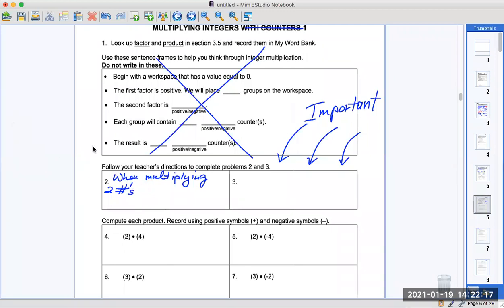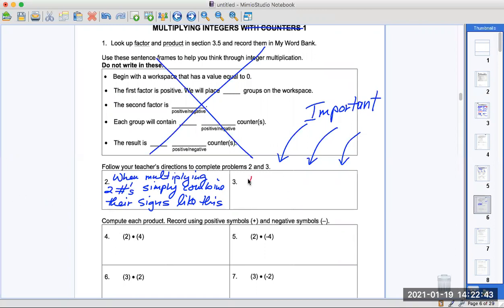I should even insert the word "simply" because it's really simple. Combine their signs. The sign is the positive or negative, like this. And here we go. So this is the part that's super important.